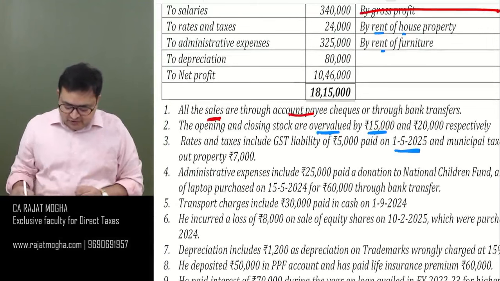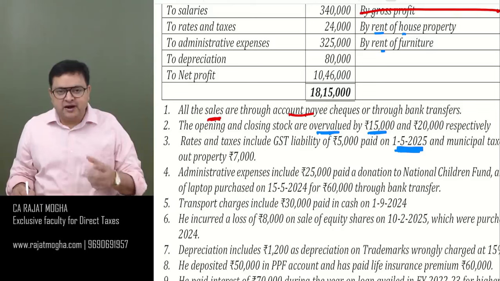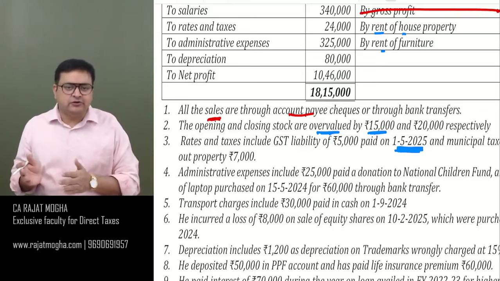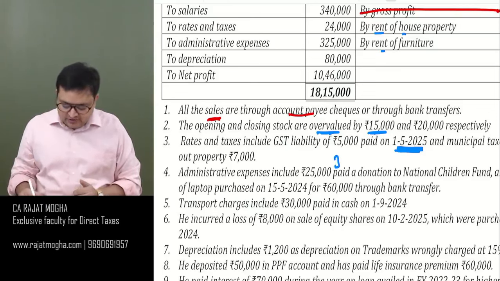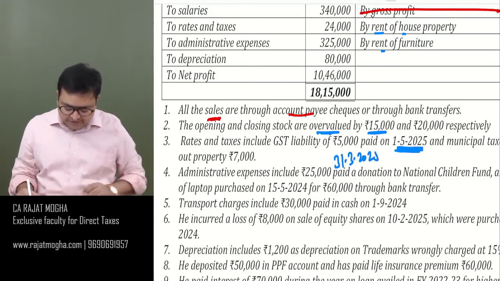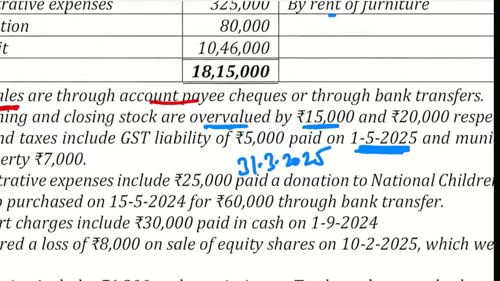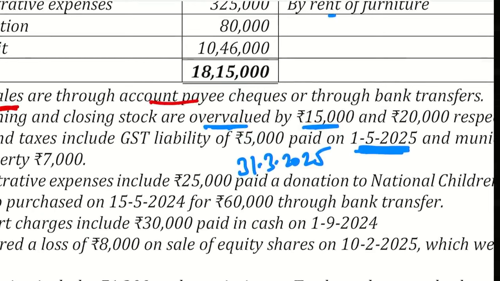Guys, it is paid on 1/5/2025. What do you think? It should be allowed or not allowed? It is paid after the year, although our year is ending on 31st March 2025. And we have paid it after this year. Is it allowed or not?